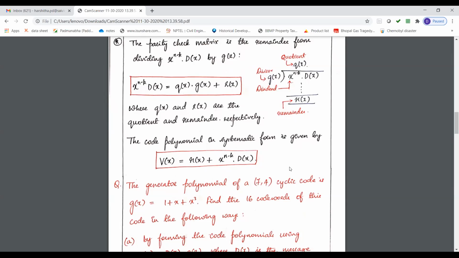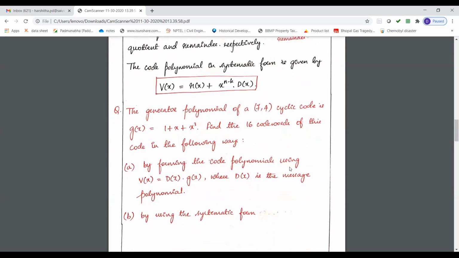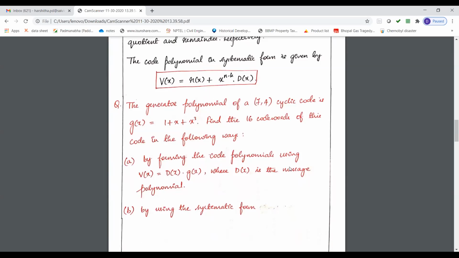So now let's take up an example in order to understand the representation of the polynomial in systematic and non-systematic form. So this is the question. The generator polynomial of a 7,4 cyclic code is g of x equal to 1 plus x to the power of 3.